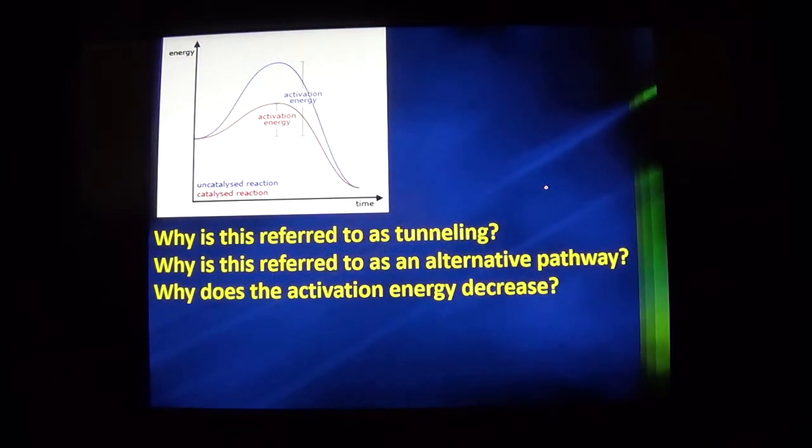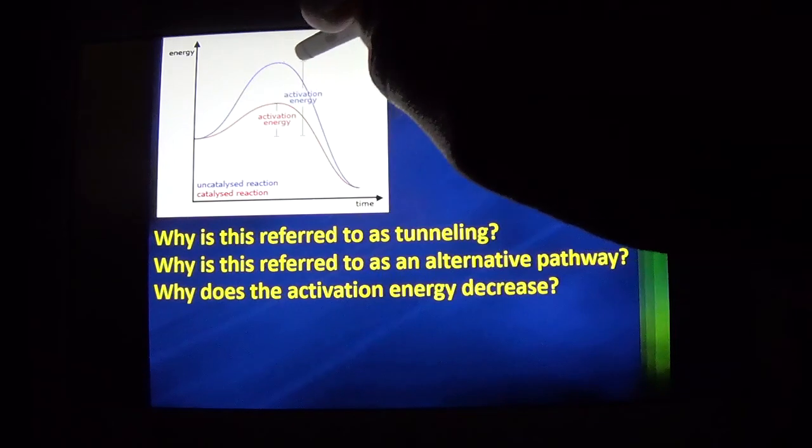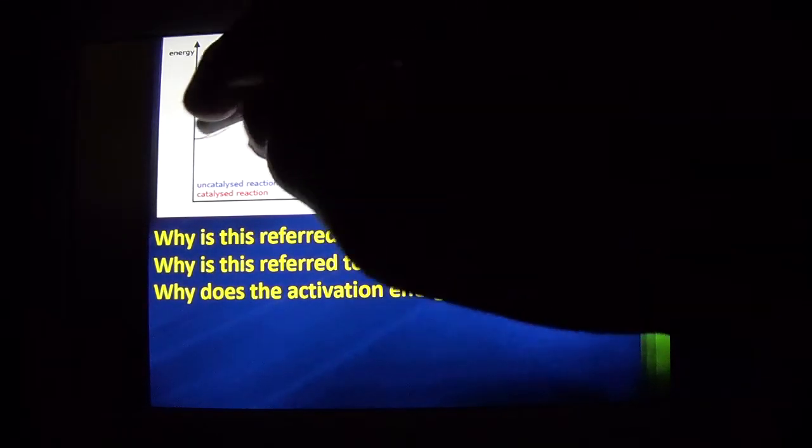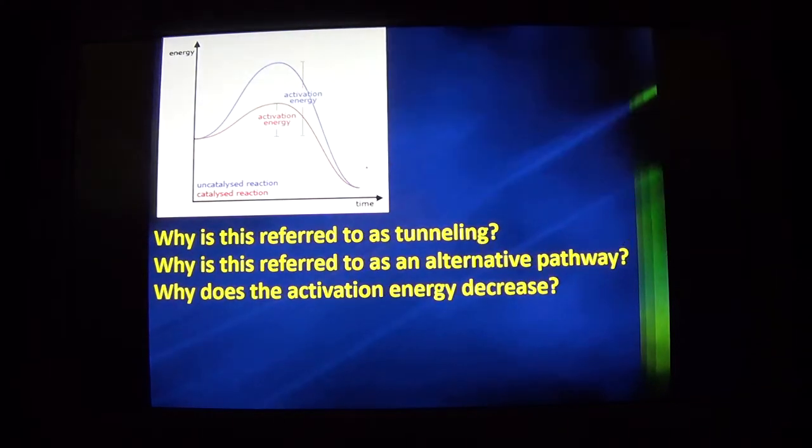Speaking of the hill, often this method, and especially with this diagram, having a catalyst is often called a tunneling effect. Why would we call it a tunneling effect? Well, if we do refer to the blue line as the original hill, you can see how we've made a tunnel through the hill. It takes less energy to get through the hill if we follow the tunnel.